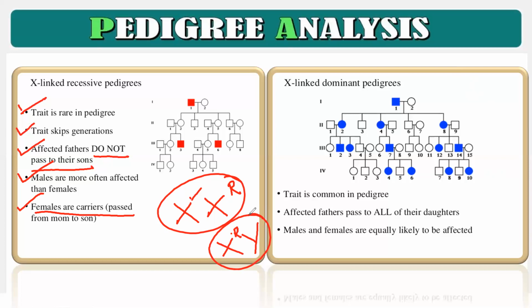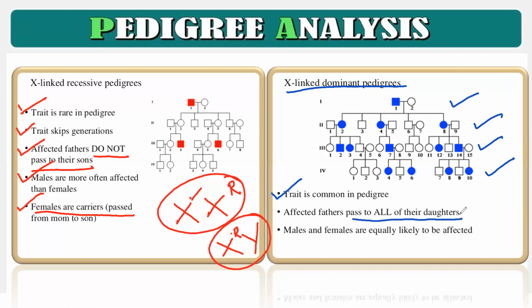Now let us read about the sex-linked dominant pedigrees. The trait is common in the pedigree, which is obvious, right? It's very simple to identify recessive and dominant. Dominant, in every generation you will find the affected person. Affected fathers pass it to all their daughters.